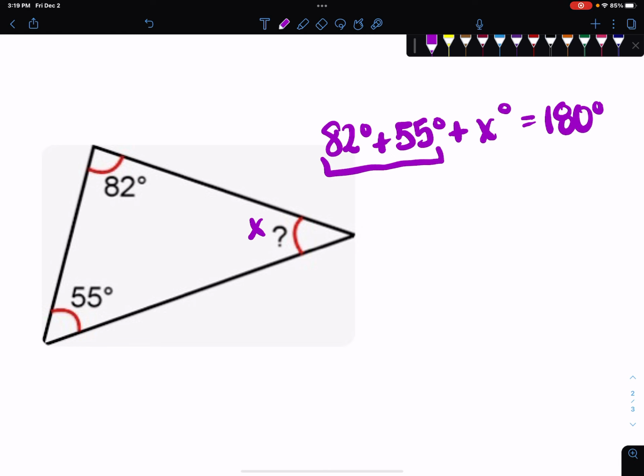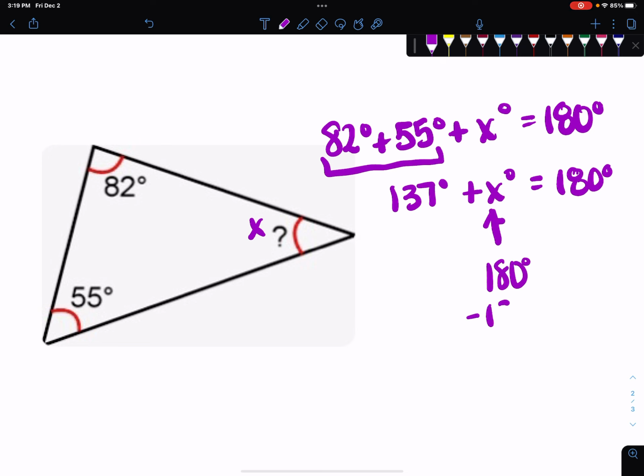The good news is if I add those two together, I get 137, and then X added gives me 180. So to find that, I can do 180 minus 137, which is 43, and that's what this is going to be.